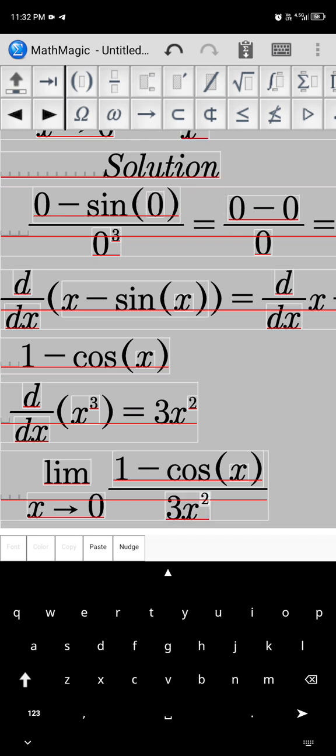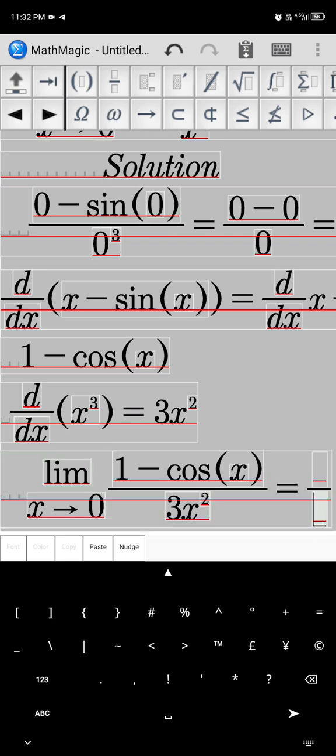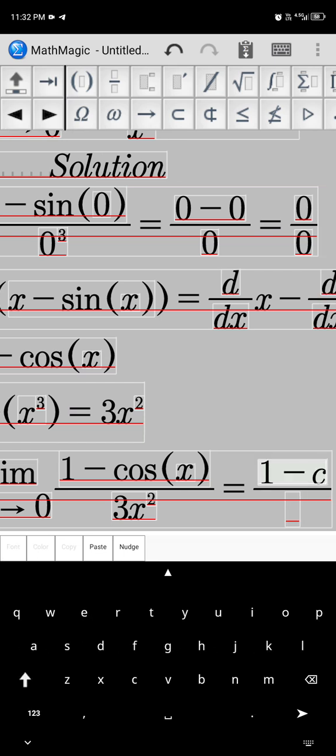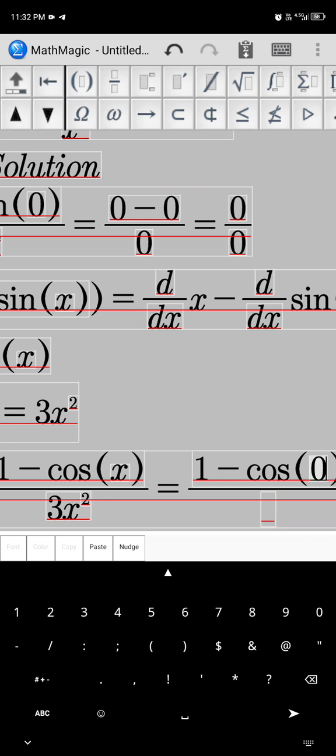Alright, if you try substituting 0 here again, what are we going to have? We have 1 minus cos 0 over 3 times 0 raised to the power of 2.